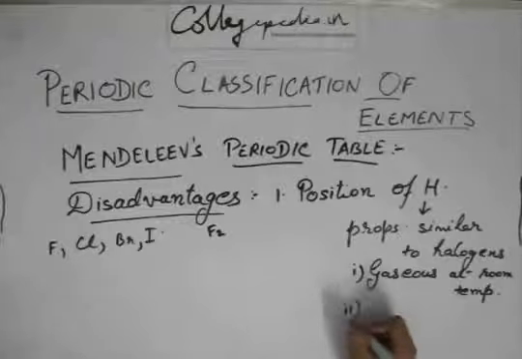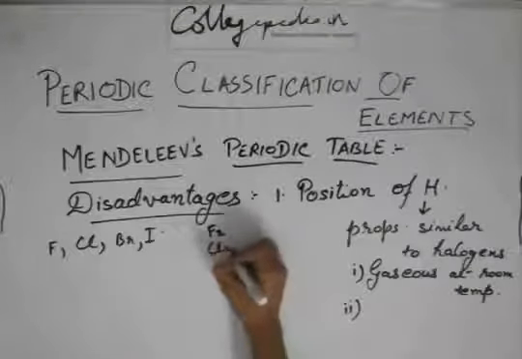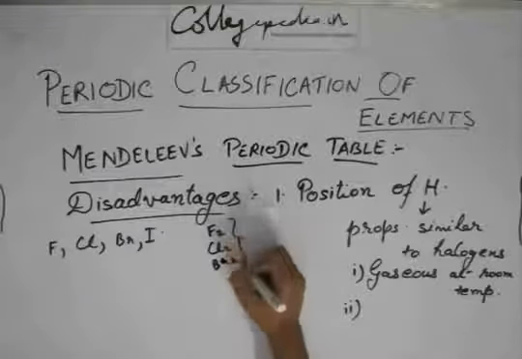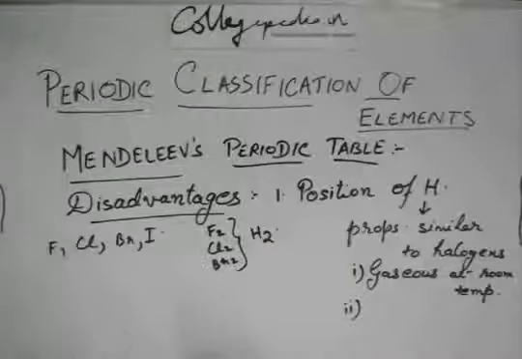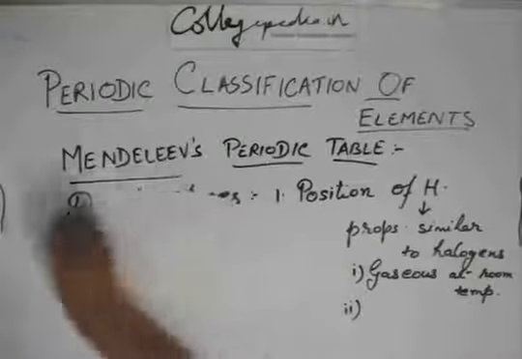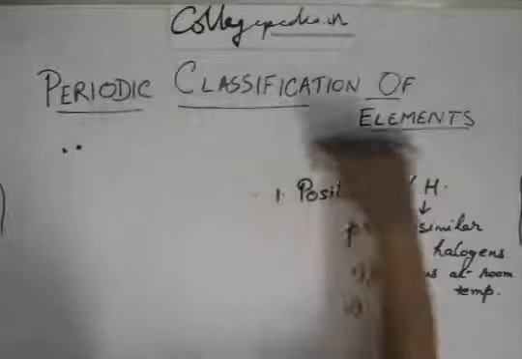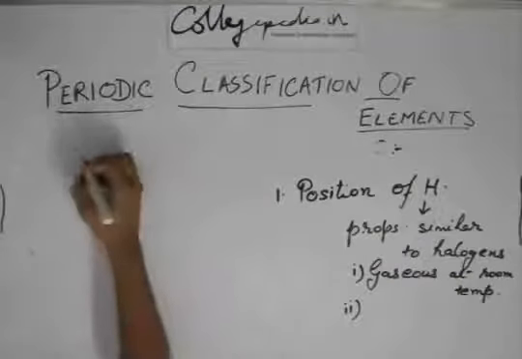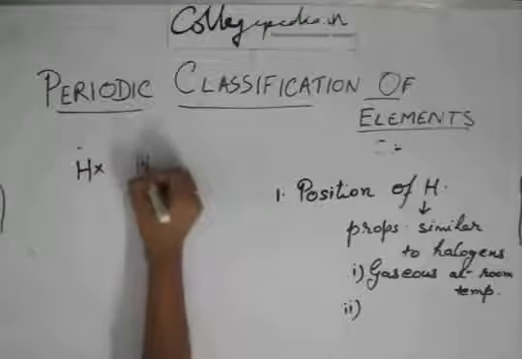Now the second thing was that hydrogen also exists as a diatomic gas, like we have F2, Cl2, Br2. We also have H2. And why is that? Because hydrogen has one electron, represented by this cross.